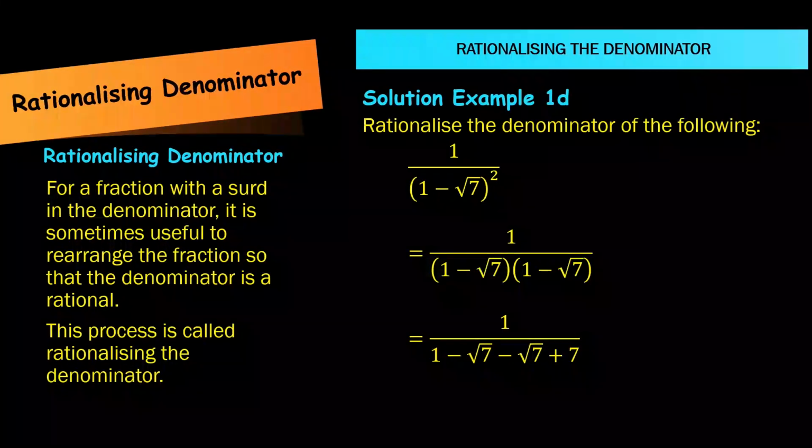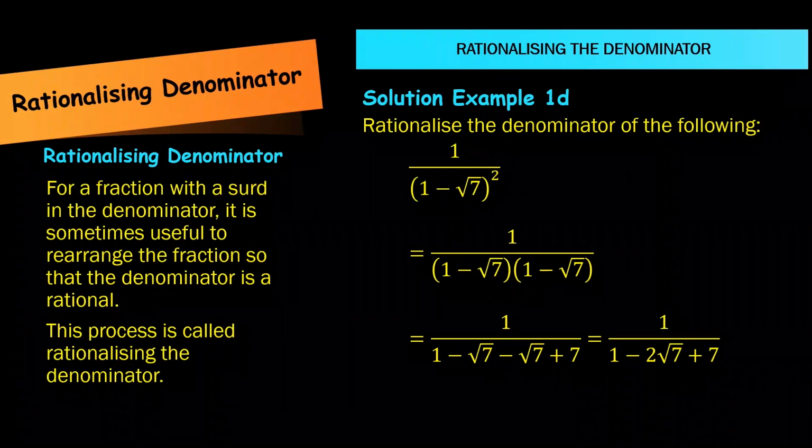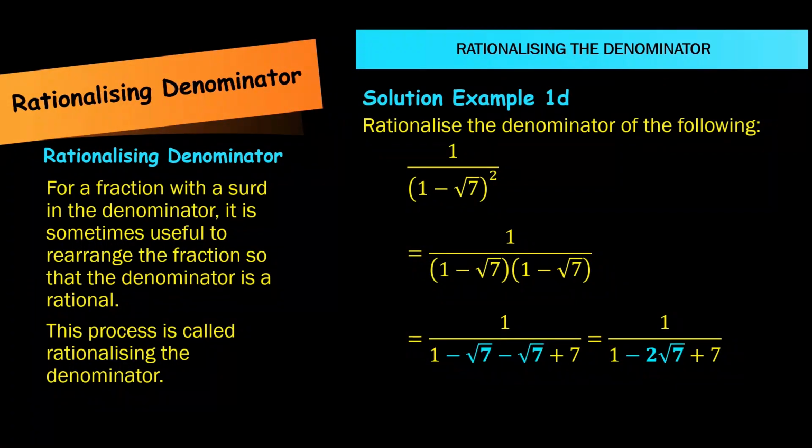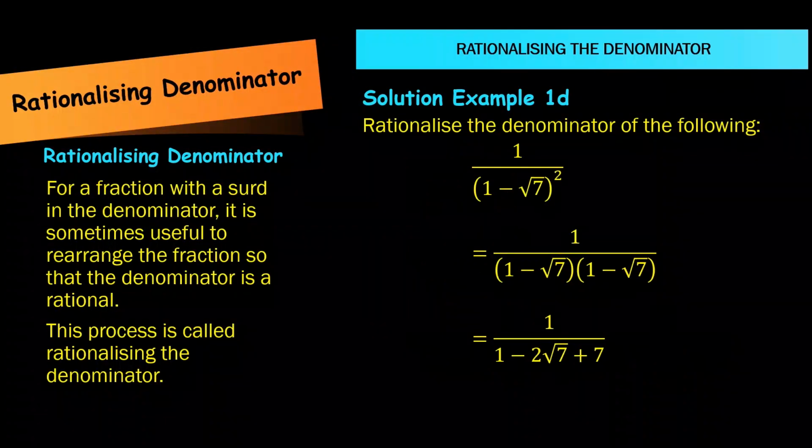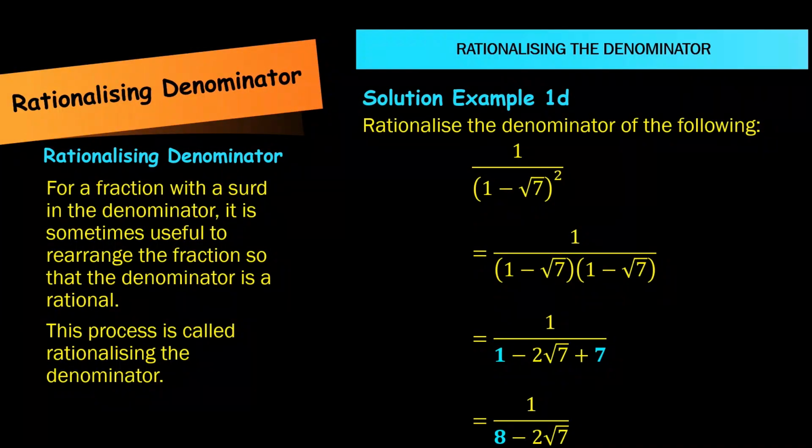And tidying up gives us, in the numerator, 1 minus 2 root 7 plus 7. And tidying up gives us 1 divided by 8 minus 2 root 7.